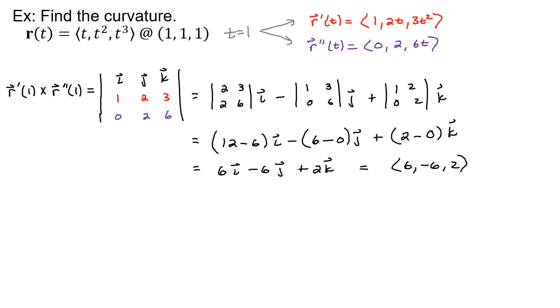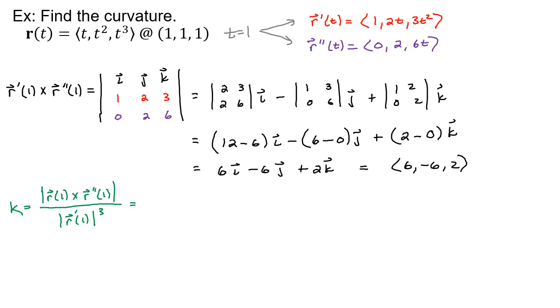Then for my curvature would be the magnitude of my cross product evaluated at 1 divided by the magnitude of my first derivative evaluated at 1, all cubed.